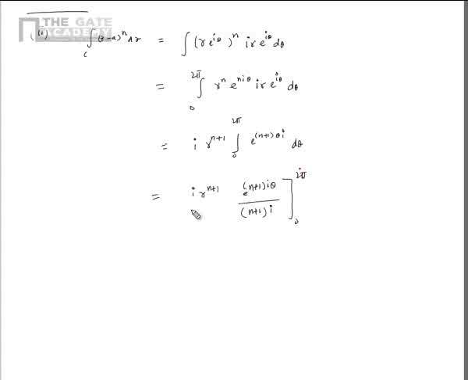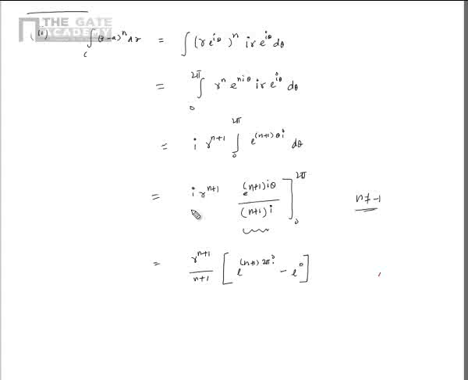That is why n can't be -1, because this will blow up, it will become something like 1 by 0. So I can write r power n plus 1, the I gets cancelled, divided by n plus 1, and then substitute 2 pi: e power n plus 1 into 2 pi I minus e power 0.